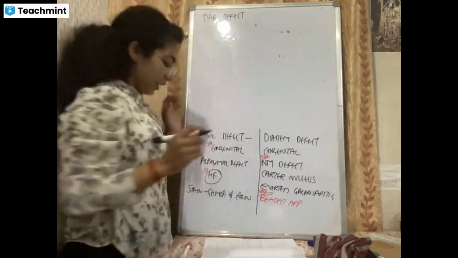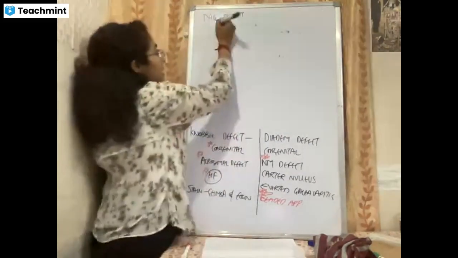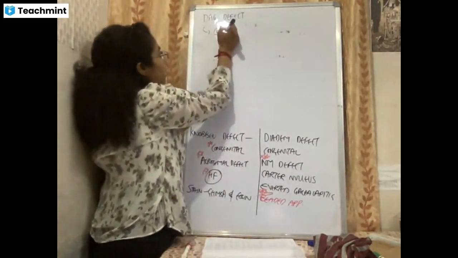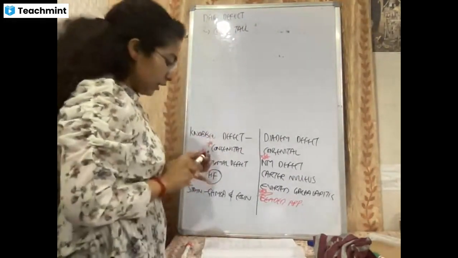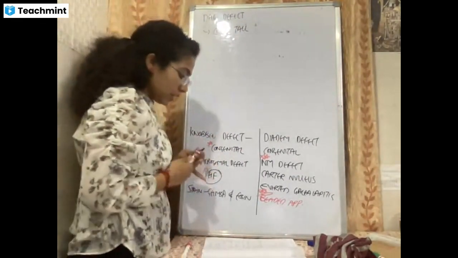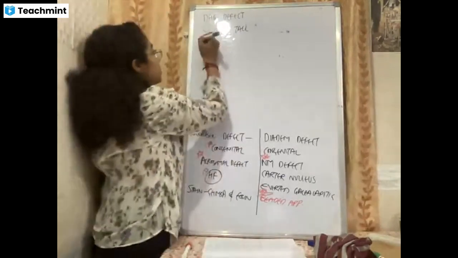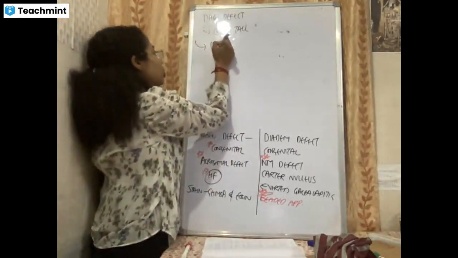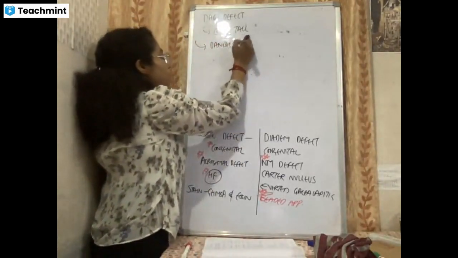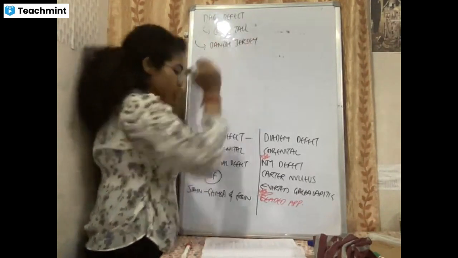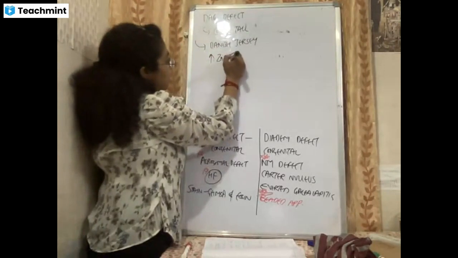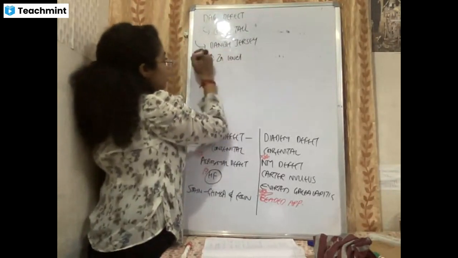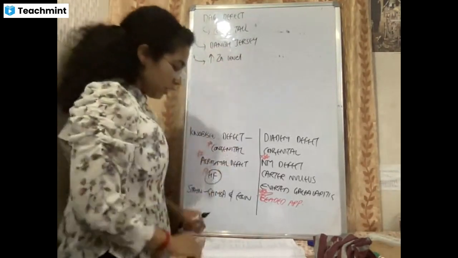DAG defect. In this defect, there is a coiled tail, and this is very common in the Danish Jersey breed.